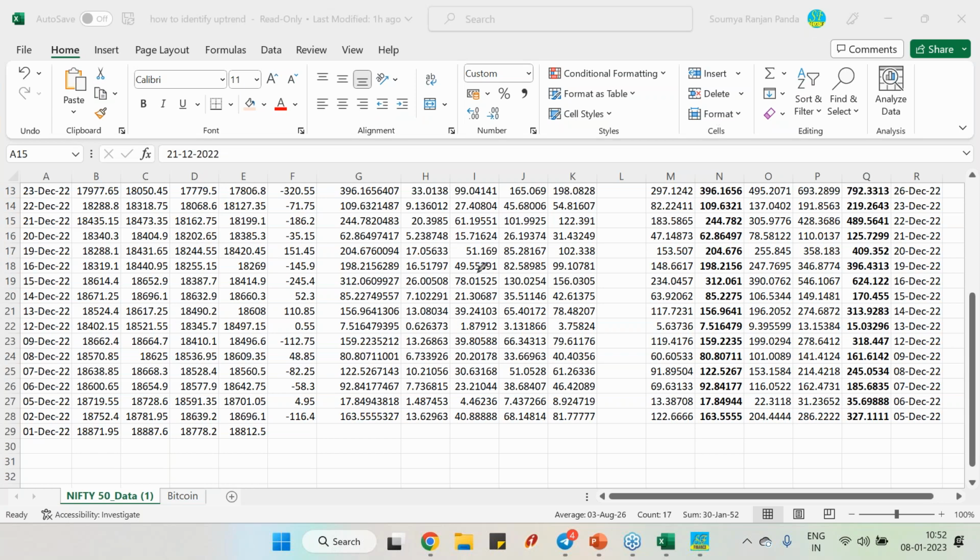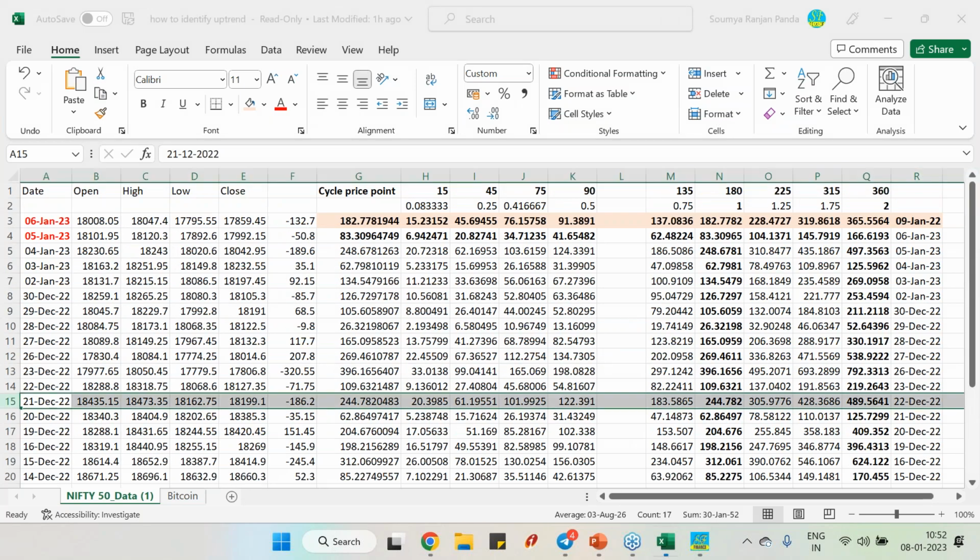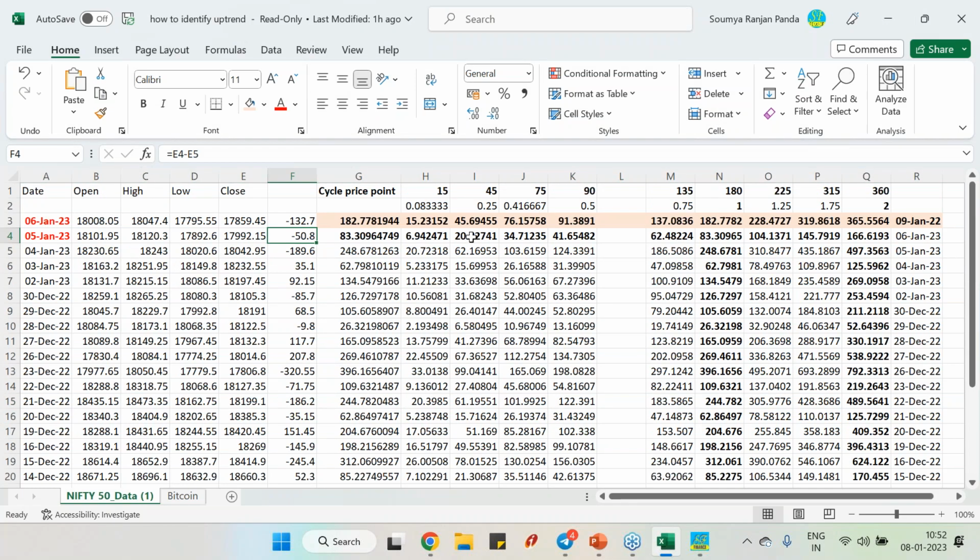Now coming to the other part. Here we'll be taking 45 degrees for 9th January. Since the closing with respect to 5th has happened in the major cycle, for 9th January it will be 45 points plus or minus that Nifty will enter the uptrend or downtrend.